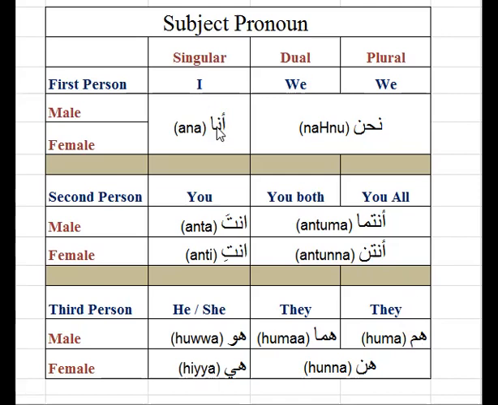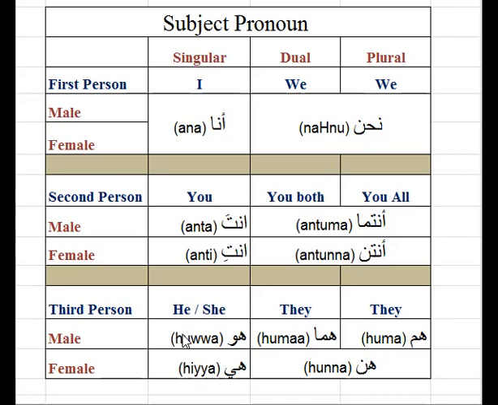So for I, ana; we, nahnu; you, anta. For you, female, we'll say anti. And for dual and plural of you, for male, we'll say antumma. And for female, plurals of you will be antunna.